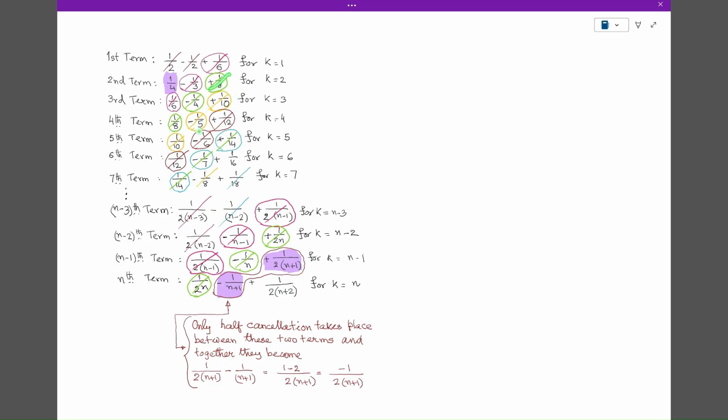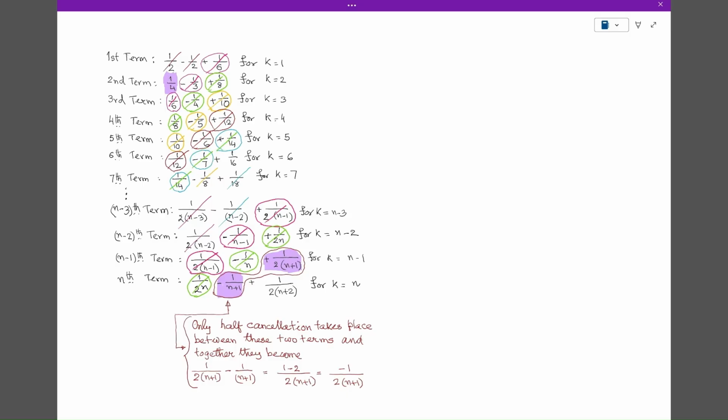This term minus 1 by 5 cancels out with 1 by 10 and 1 by 10. Similarly, minus 1 by 6 cancels out with 1 by 12 and 1 by 12. Minus 1 by 7 cancels out with 1 by 14 and 1 by 14.